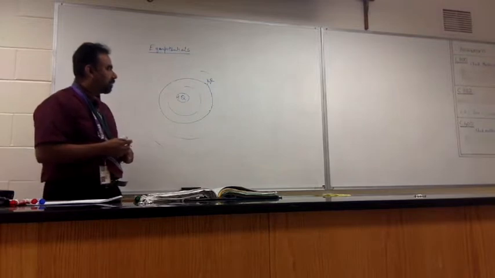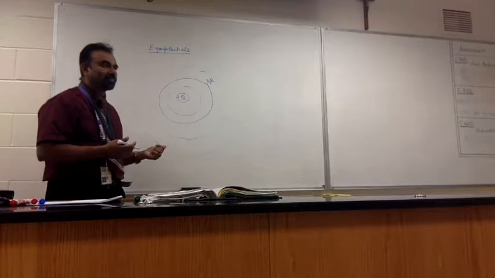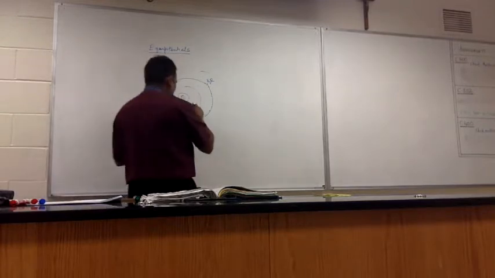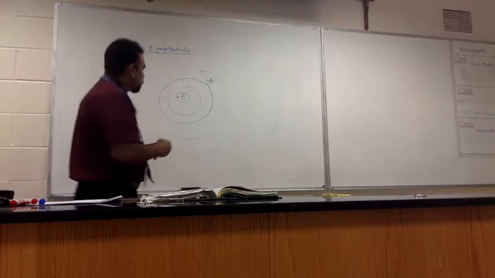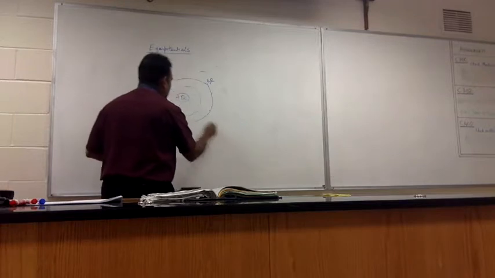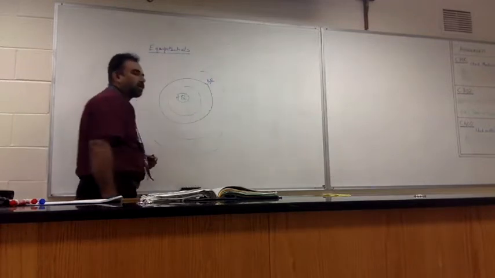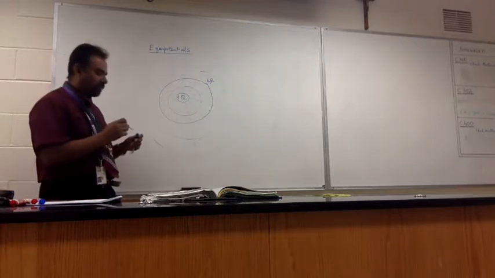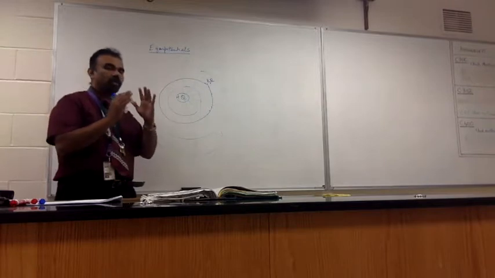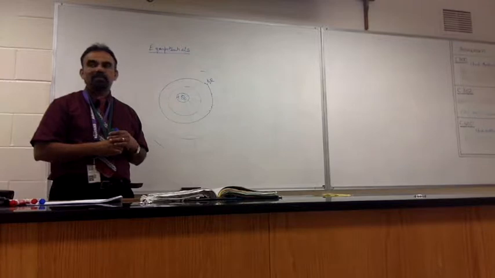Now, where are the electric field lines here? Electric field lines are going this way. Those are the electric field lines. Now, what do you see as a remarkable geometric feature between electric field line and equipotential line? Perpendicular.